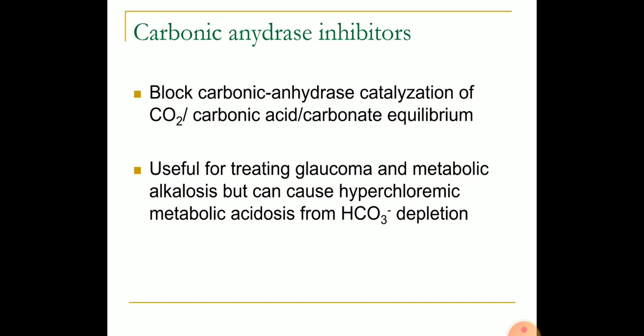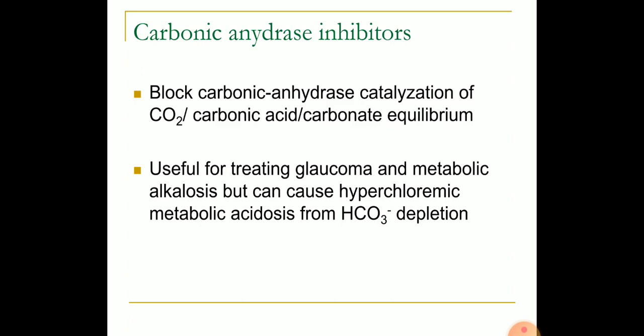Acetazolamide increases urinary excretion of bicarbonate and causes metabolic acidosis, which offsets the respiratory alkalosis at high altitude. So, to prevent that respiratory alkalosis, you can prescribe acetazolamide to a person who is traveling in the mountains.